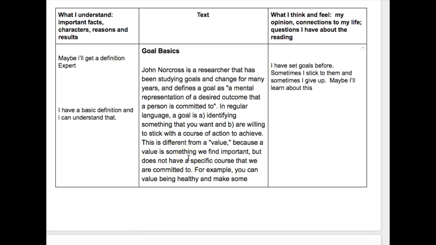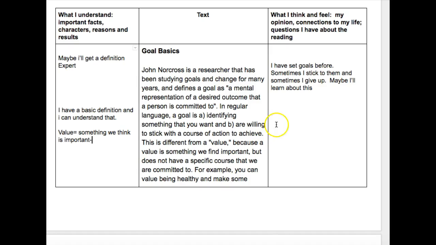Okay, now here it says this is a difference from a value. Okay, so a value is something important. But it doesn't have a specific course that I'm committed to, okay?